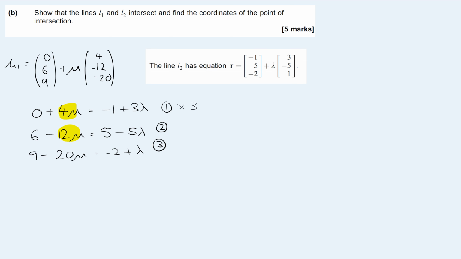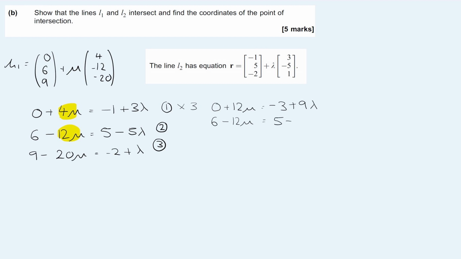You could incidentally do this on your graphical calculator using the equation solver, but I'm going to show you how to do it without, but that is always an option if you're proficient with that. So I've timesed the first one by 3, and I'm just going to put a 0 in there as a placeholder, just to keep my algebra nice and strong.